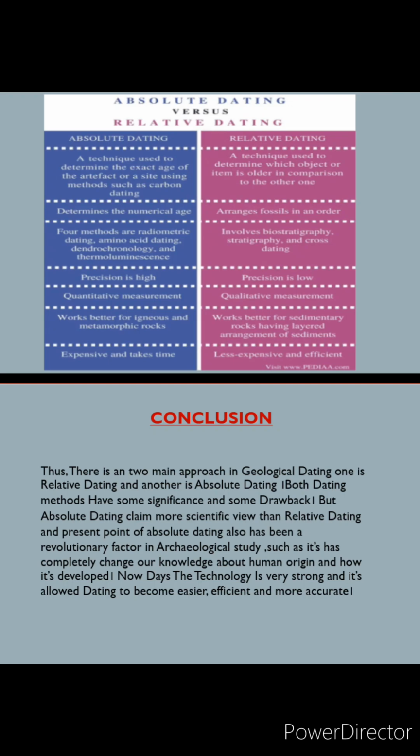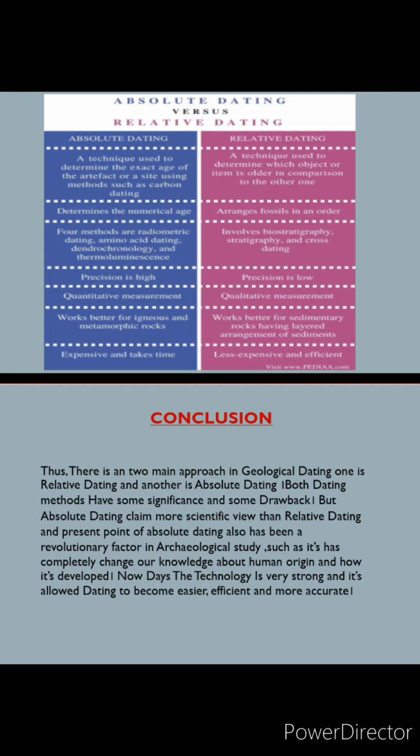Whereas relative dating is a technique used to determine which object or item is older in comparison to the other one, and it does not determine the numerical age. It arranges fossils or rocks in an order.